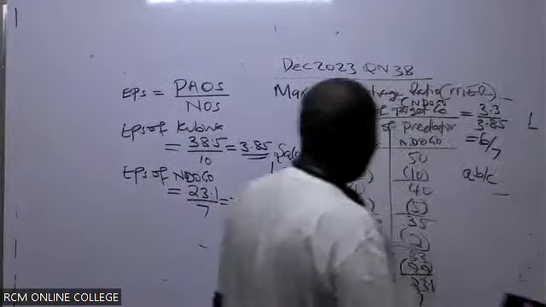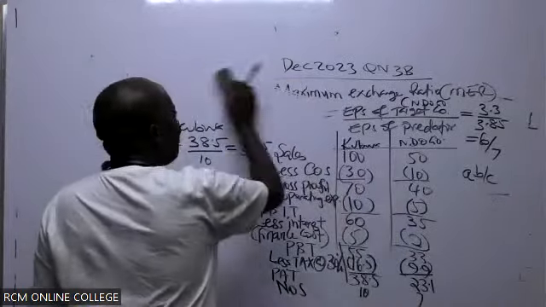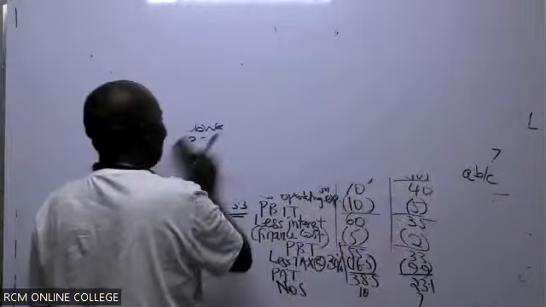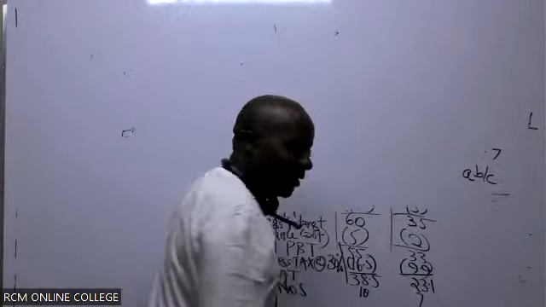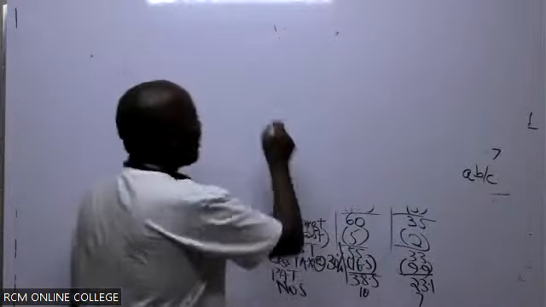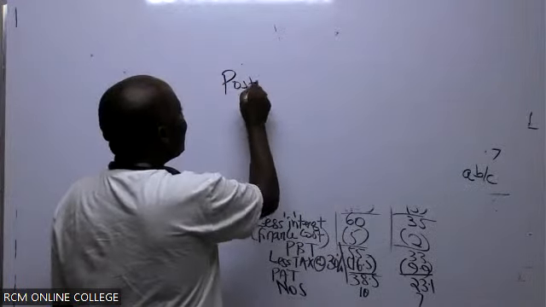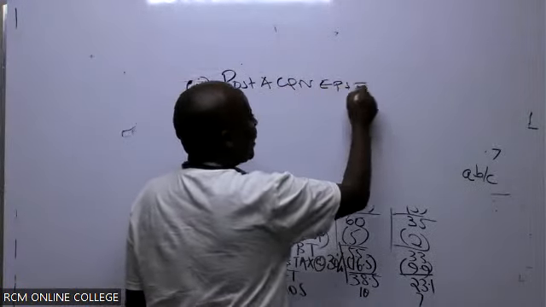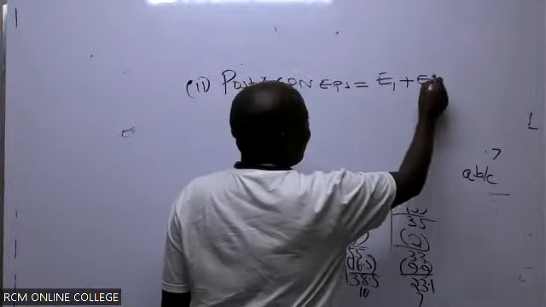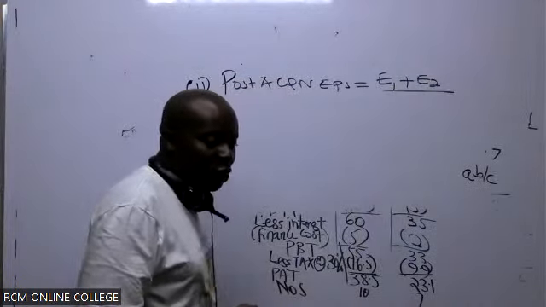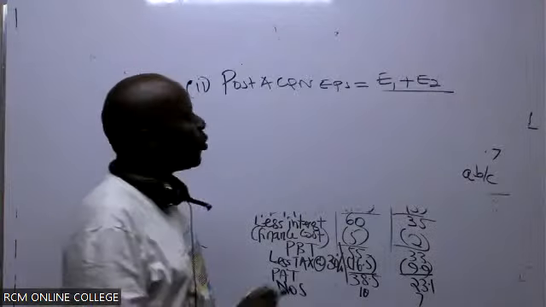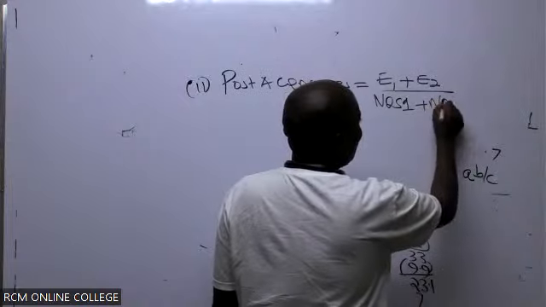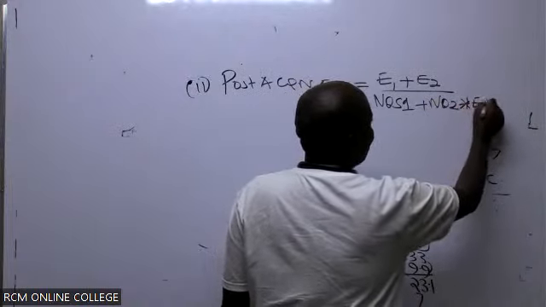So anytime we talk about post-acquisition EPS, every time we talk, this number 2 now, post-acquisition EPS will be earnings of company 1 plus earnings of company 2, divided by their respective shares: NOS 1 plus NOS 2 times what we call the exchange ratio.